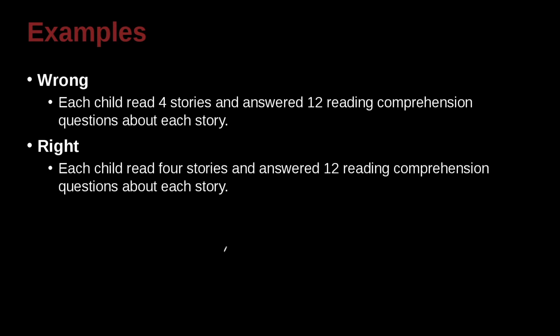Each child read 4 stories and answered 12 reading comprehension questions about each story. Now this may look like, wait a minute, shouldn't we write 4 here? Because again, we have multiple numbers in one sentence.